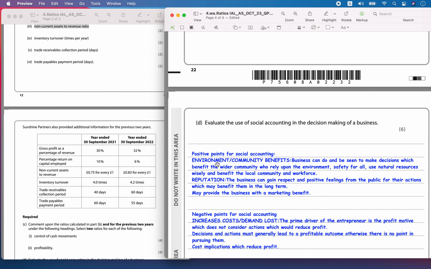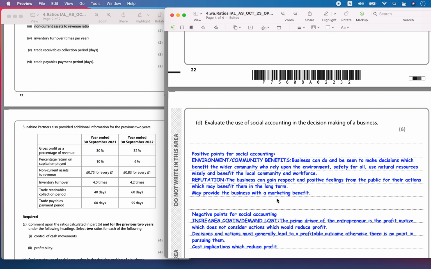So here we are saying that environment and community are going to benefit if they account for social decisions, so that the environment is safe and the natural resources are sustainable for the community. And the reputation of the business also will increase because of such a social accounting concept considered by the business.